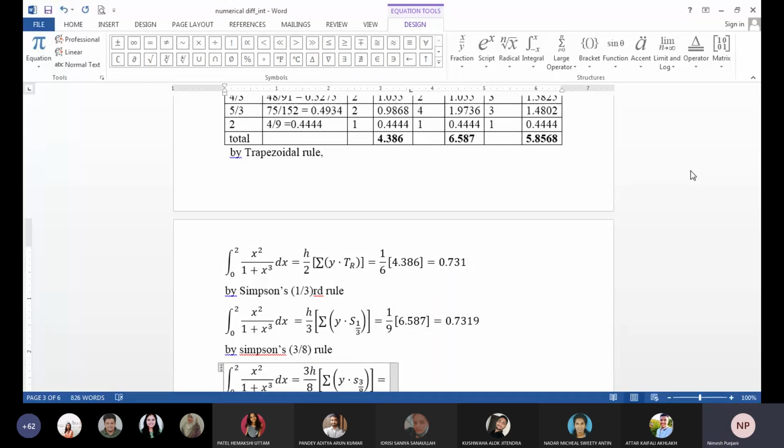So 3h by 8, h कितना था? 1 by 3. So 1 by 3, so this gives me 1 by 8 multiplied by 5.8568. 5.8568 divided by 8, 0.7321. These are the answers which I get using all the three methods.